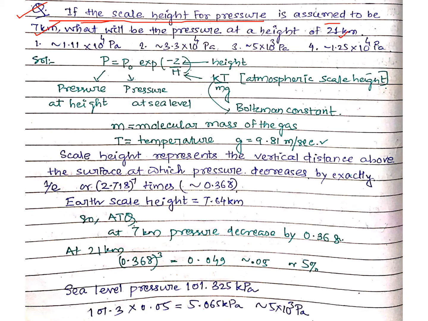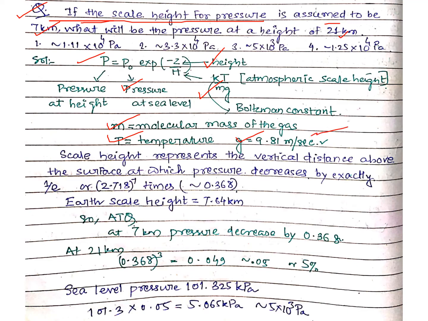That is the question. Before attempting this question, we should remember the formula of pressure at a height. The pressure at a height is equal to the pressure at sea level times exponential of minus z, that is the height, upon H, that is the scale height. This is the atmospheric scale height, where k is the Boltzmann constant, T is the temperature, m is the molecular mass of the gas, and g is the acceleration due to gravity, that is 9.8 meter per second square.